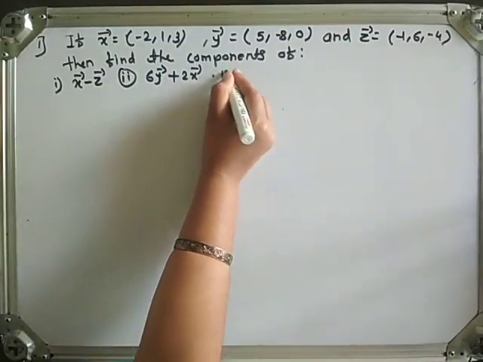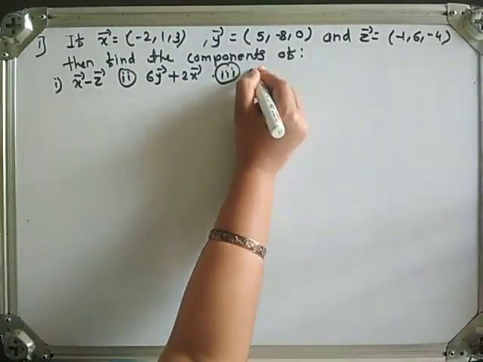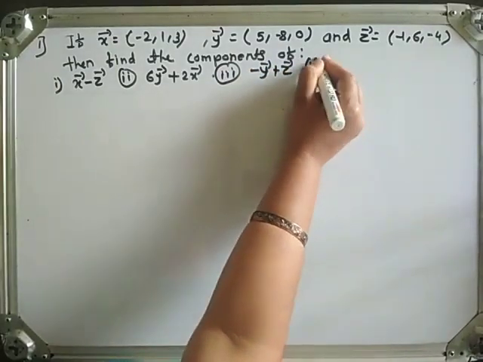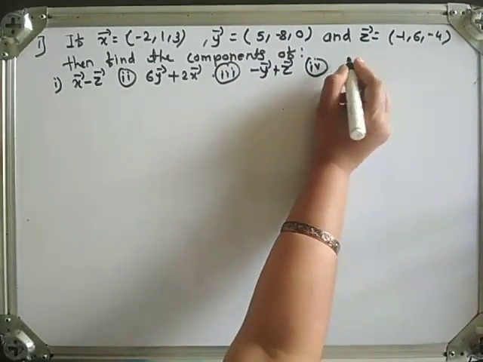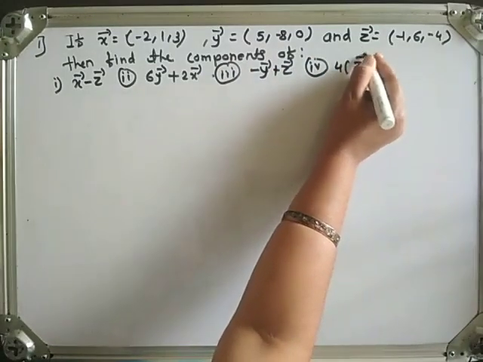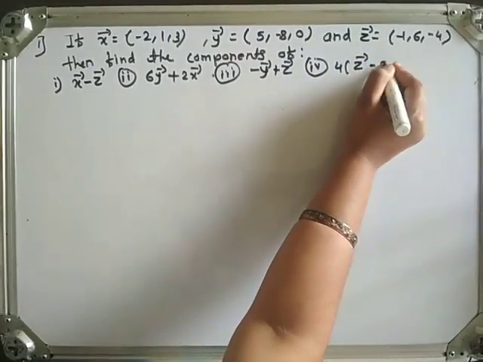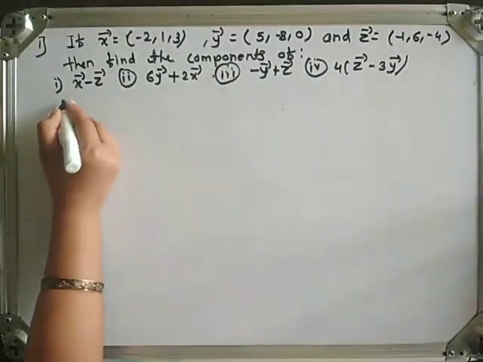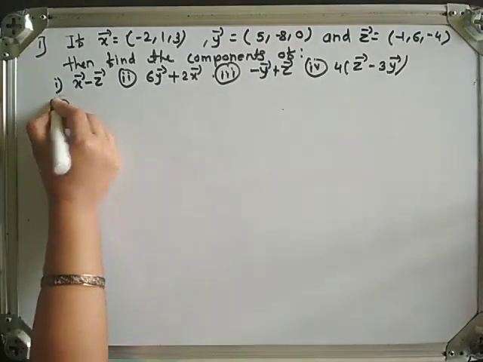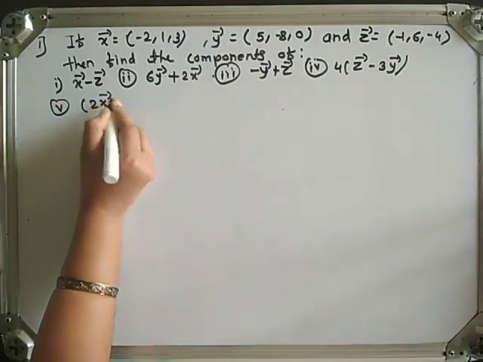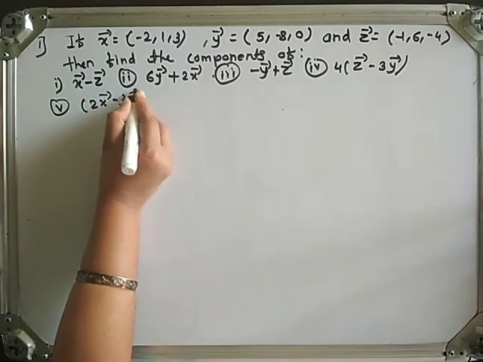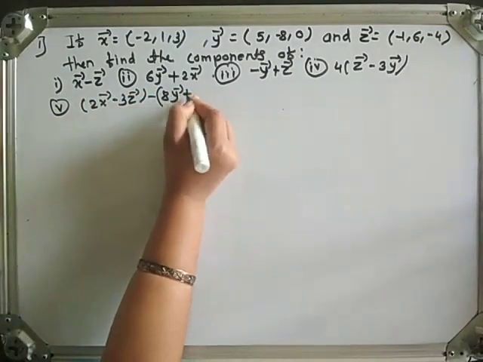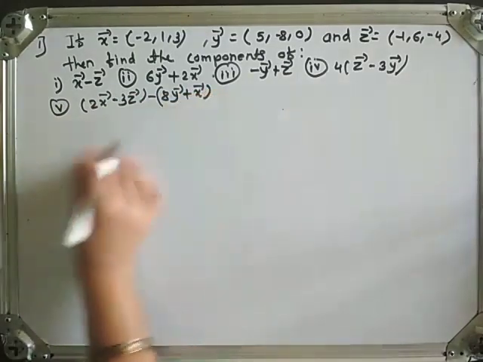Third one is minus y bar plus z bar. Fourth one is 4 into z bar minus 3 y bar. And last, the fifth one is 2 into x bar minus 3 into z bar minus 8 into y bar plus x bar.